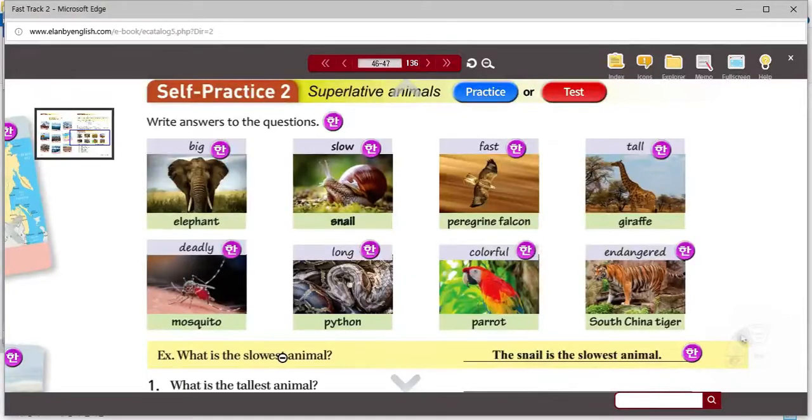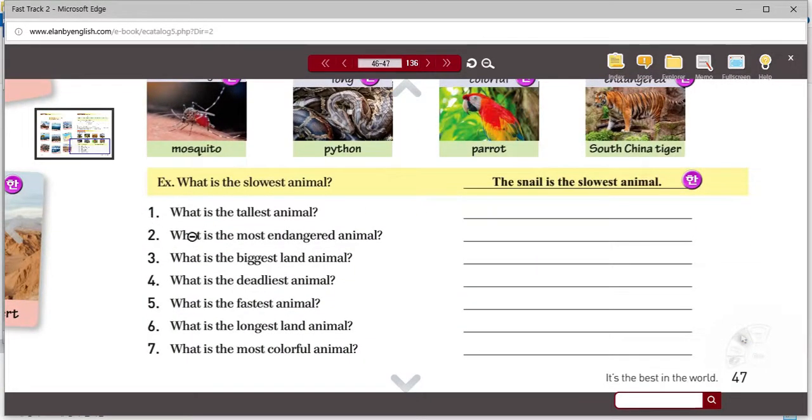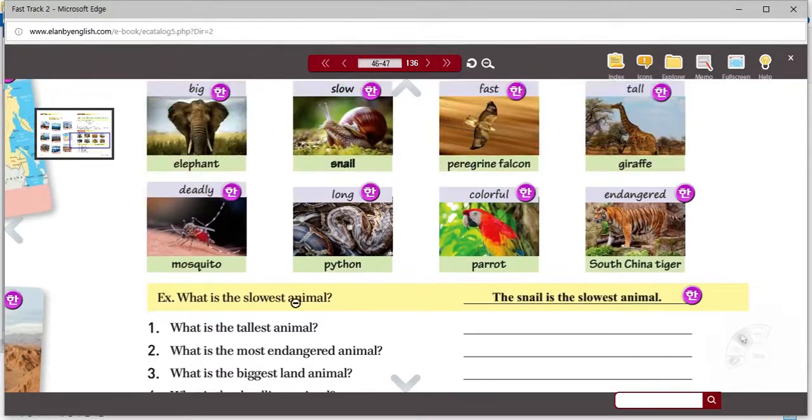All right, practice 2, as it says here, write answers to the questions. Okay, the questions are written here, numbers 1 through 7. And you're going to find out the answers here. So number 1 is done for you. So what is the slowest animal? So we're looking at 8 different animals.